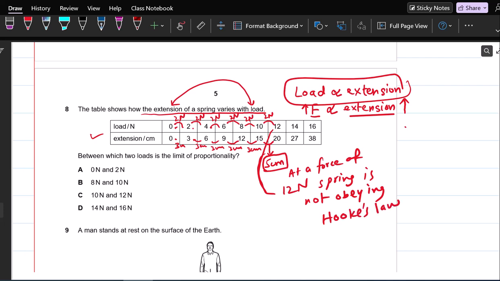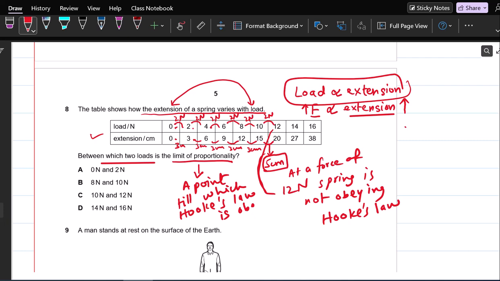So between which two loads is the limit of proportionality? Limit of proportionality is a point till which Hooke's law is obeyed. So you have to remember this. So this is a point between 10 and 12 Newton.